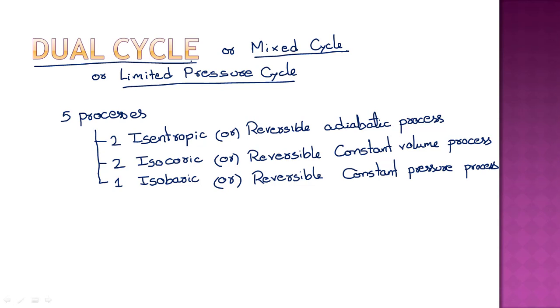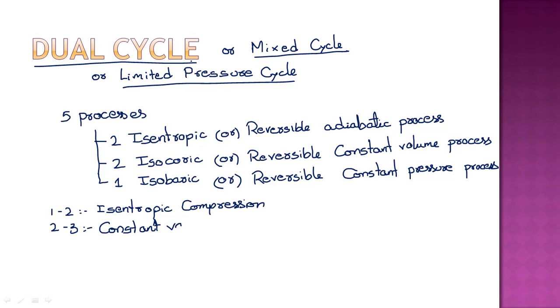Now, process 1 to 2 is isentropic compression, just like in case of Otto and diesel cycles. Process 2 to 3 is constant volume heat addition. Process 3 to 4 is constant pressure heat addition.